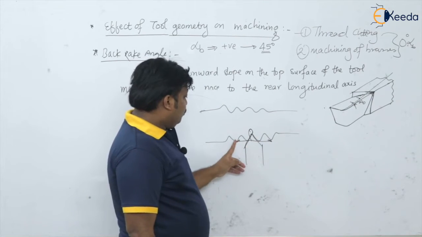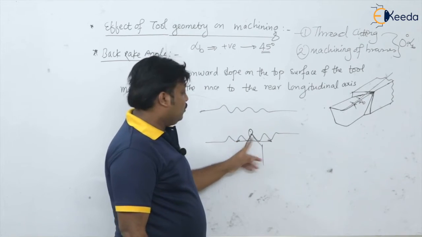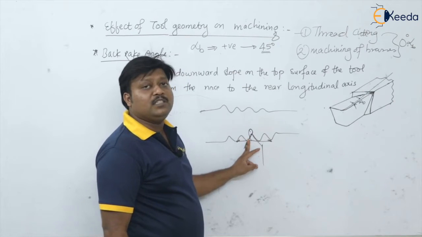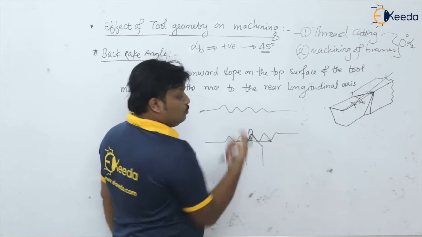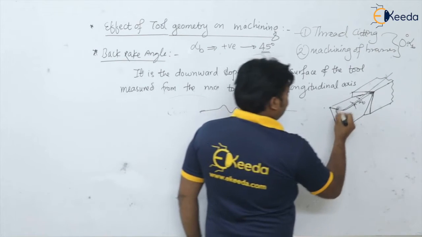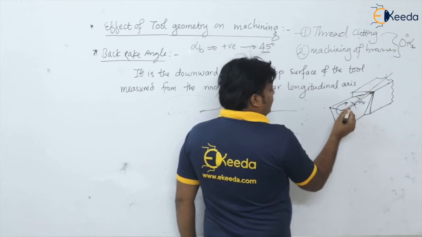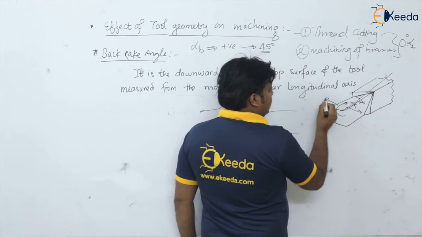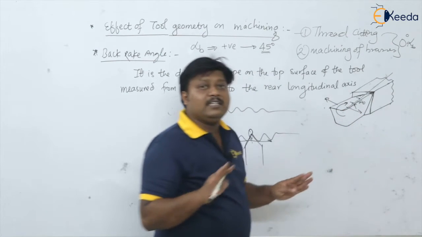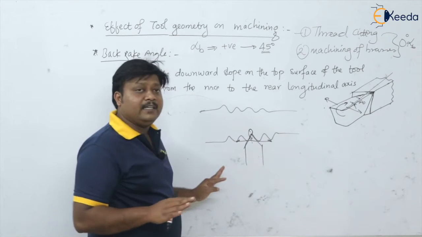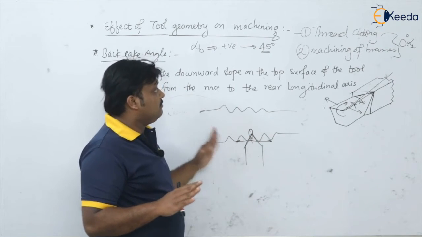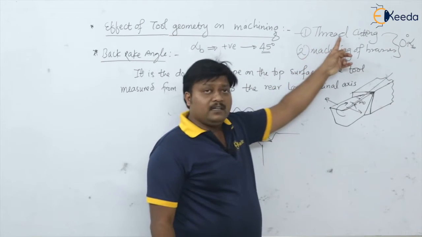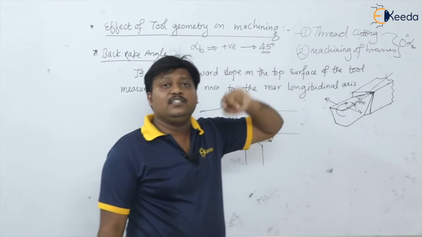So the produced threads are definitely not damaged by the flowing of the chip. The chip is directly lifted and flows onto the tool like this, so there is no flow in the sideward direction, and the threads are very safe. Okay, so the threads will not get damaged by this chip. So that's why in the thread cutting operation we are using this 0 rake angle.